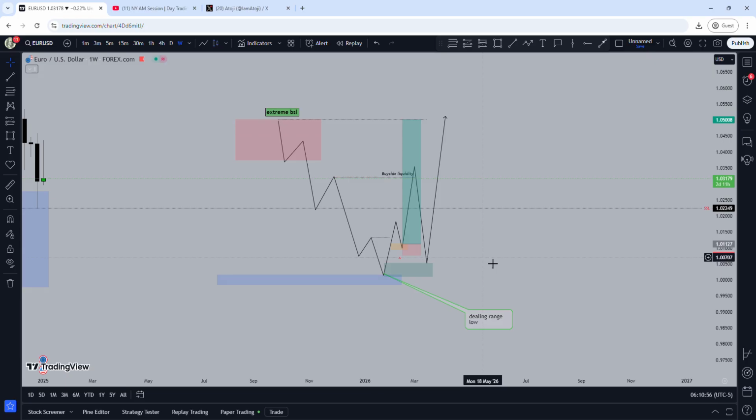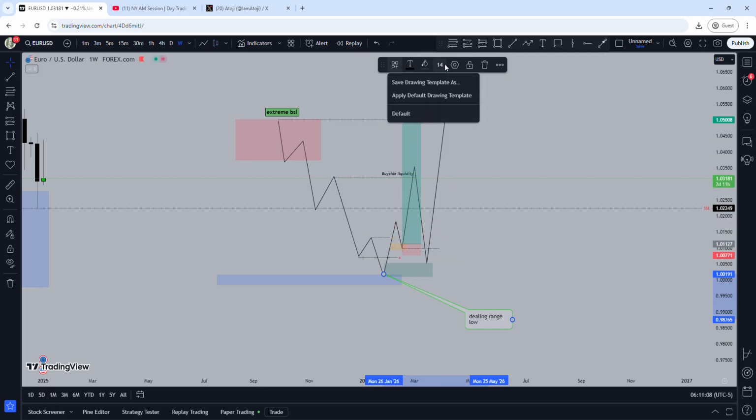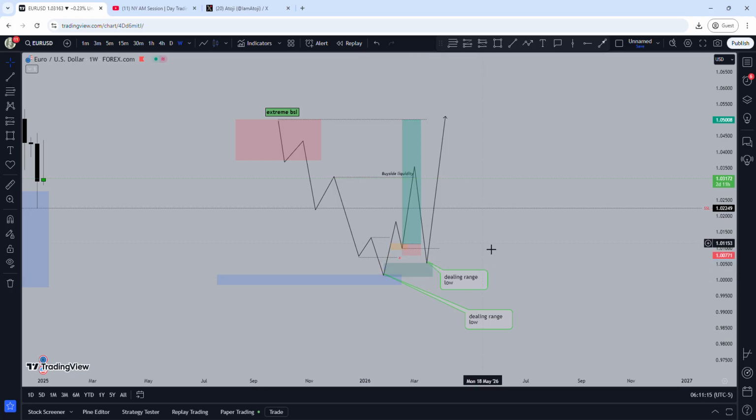It is for this you're now going to target this, because if you look at it, when this takes out this high, it's going to come back to take out this low, creating what? Another dealing range low.